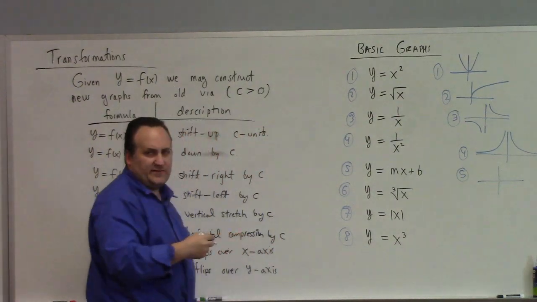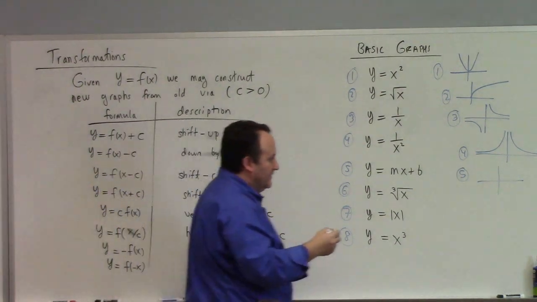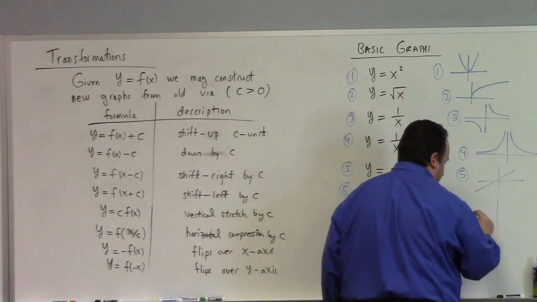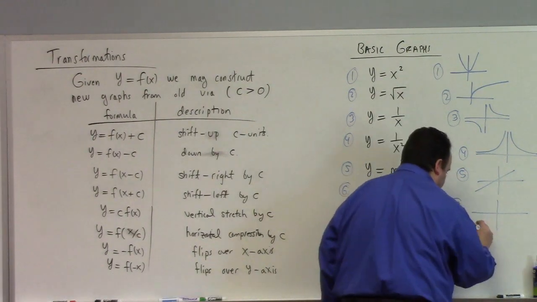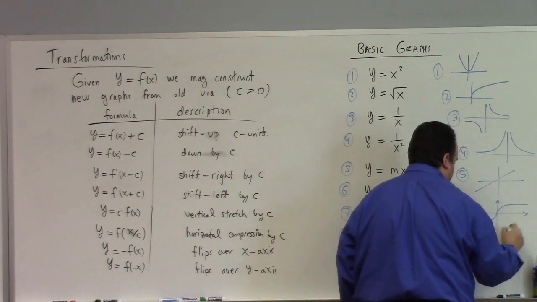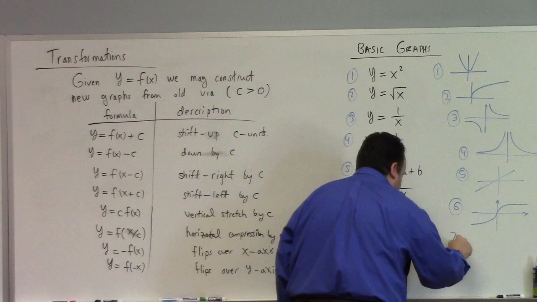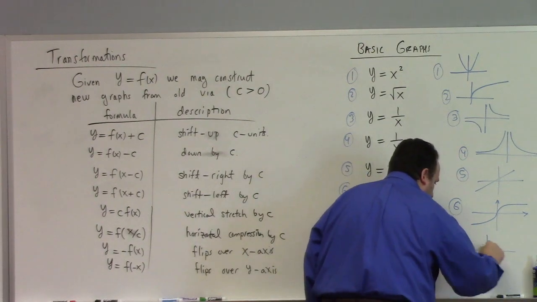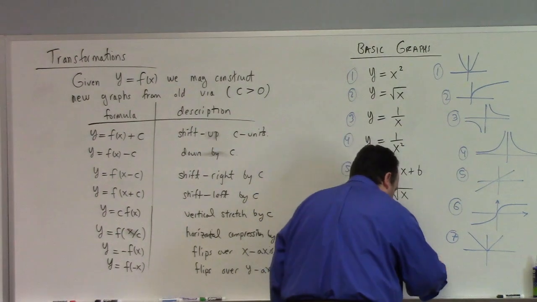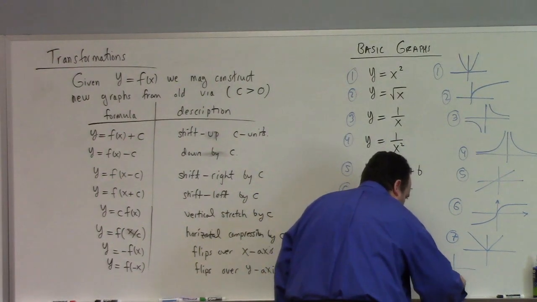You guys already know this one, right? That's a line. So it's like this. 6. This may be unfamiliar. This is something you may need to learn right now, but the graph of the cube root function looks like this. The absolute value function, it's a V. And the cube function is like that.